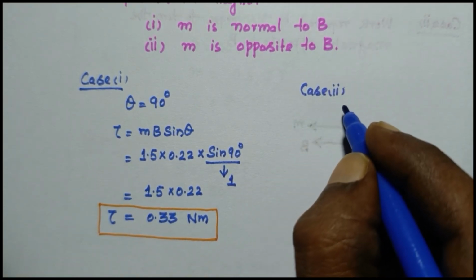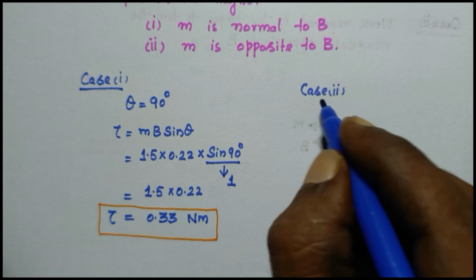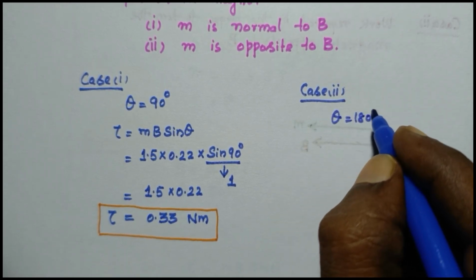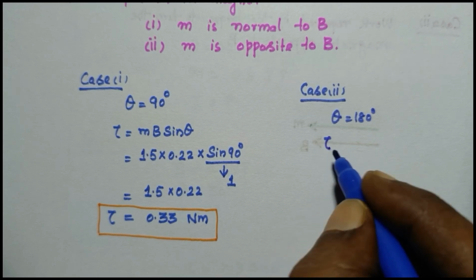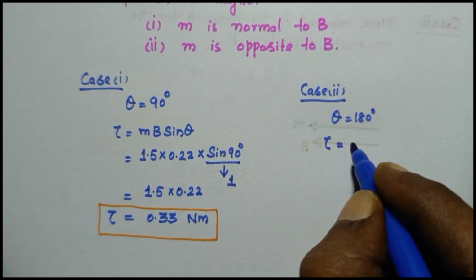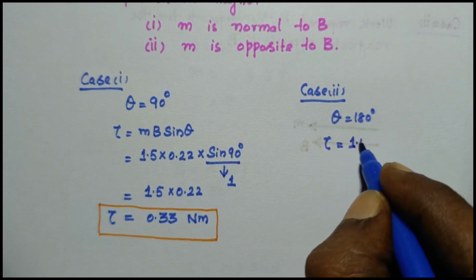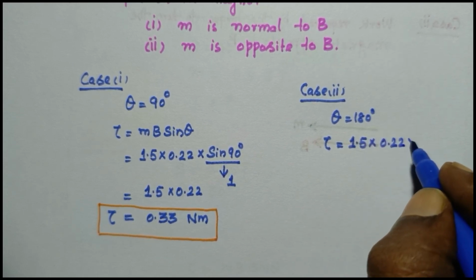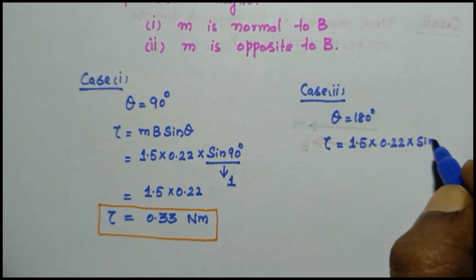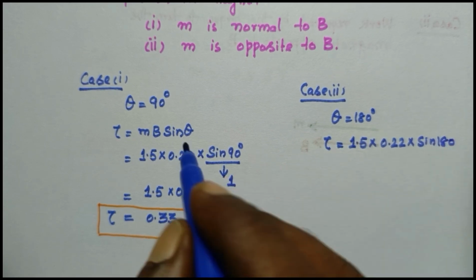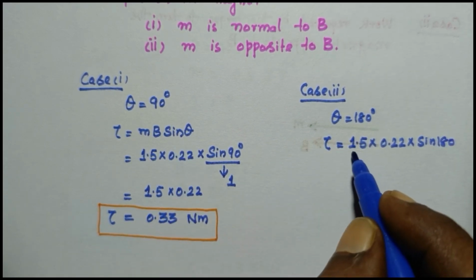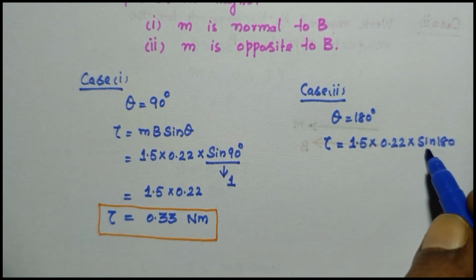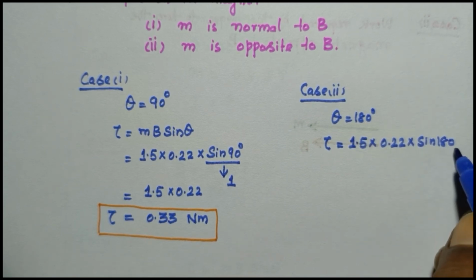In the second case, M is opposite to B. Therefore, theta is equal to 180 degree. Hence, torque tau is equal to M is 1.5, B is 0.22 into sin 180 degree. We are using the same formula. M is 1.5, B is 0.22 into sin angle is 180 degree.